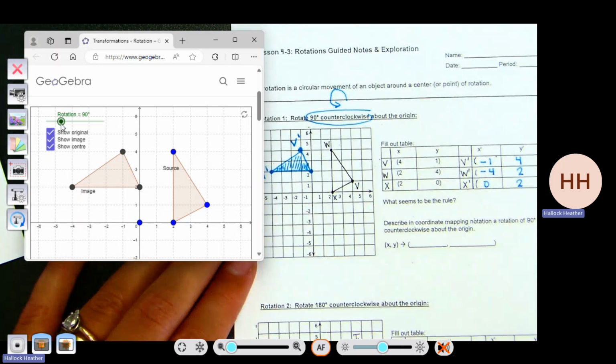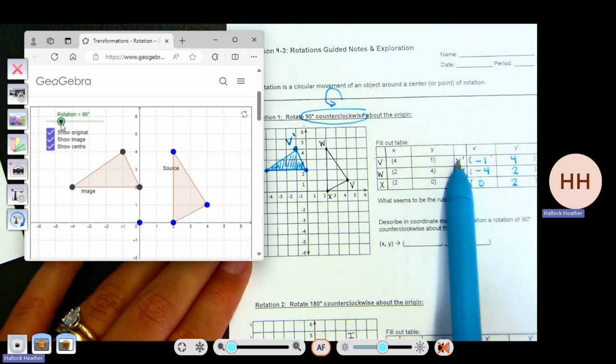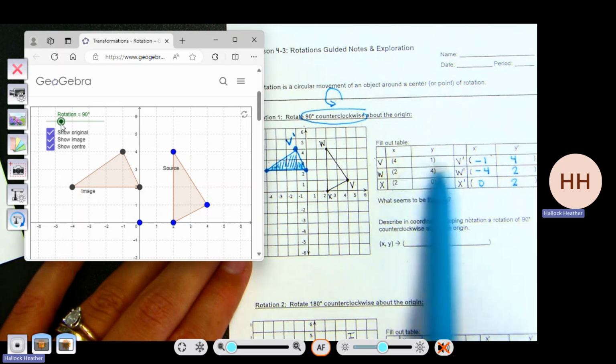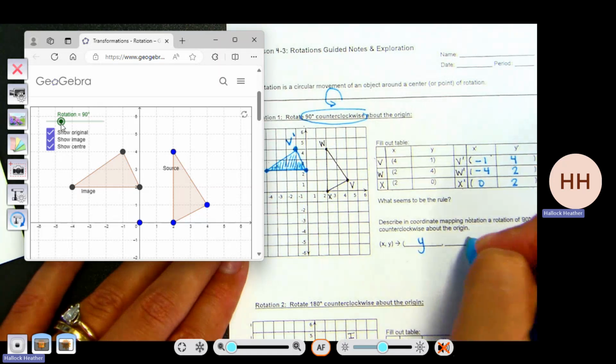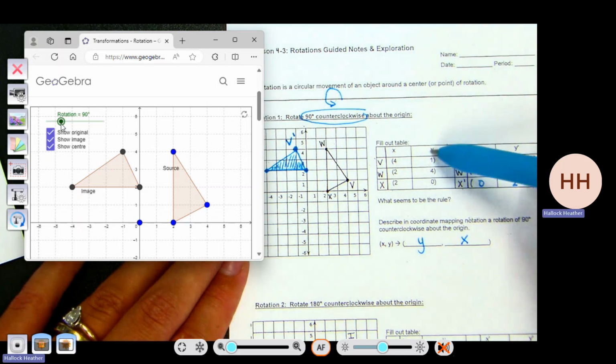So we're going to look at the numbers and compare our X and Y, the original, to the new X and Y. Does anybody see what happened with these numbers? The numbers are the same, they just look a little different. They flip, so X becomes Y and Y becomes X, and then only one of them became negative. Did the front or the back become negative? Well, the back became negative, and now it's the front.